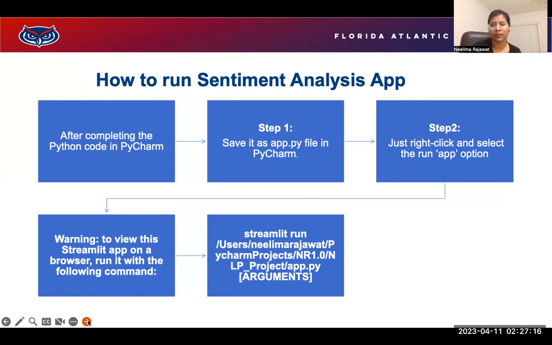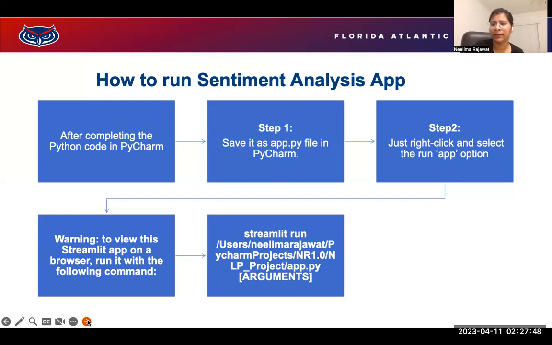So let's understand how to run sentiment analysis. First go to PyCharm, then go to a new file and write your code. After completing the Python code in PyCharm, the first step is to save it as app.py or any name; the extension should be .py. And after that, step 2, just right click and select the run option to run your application.